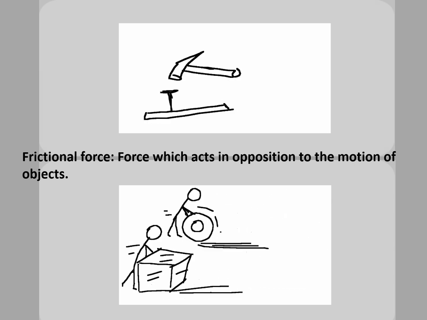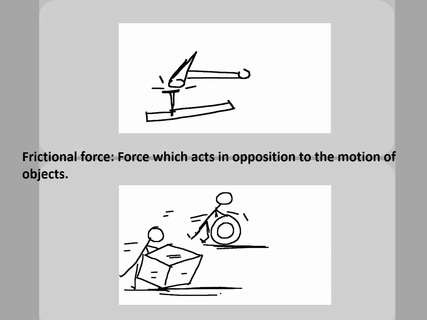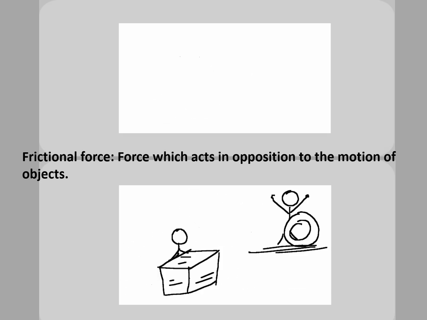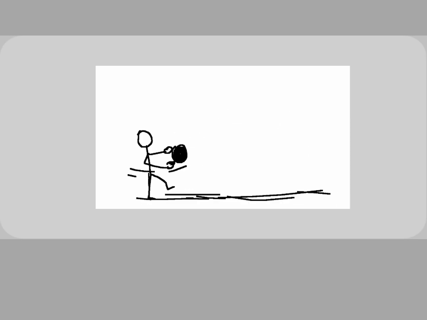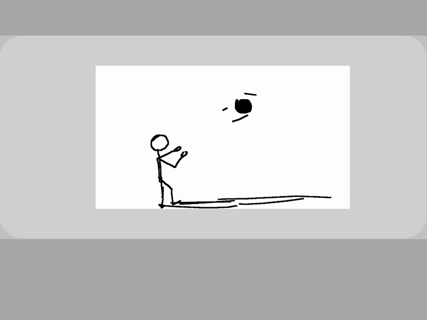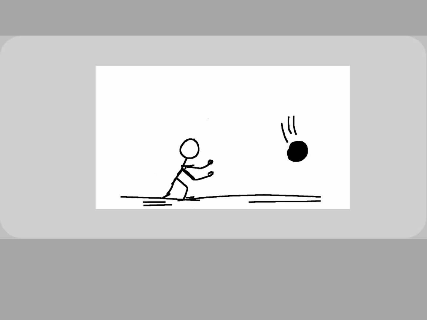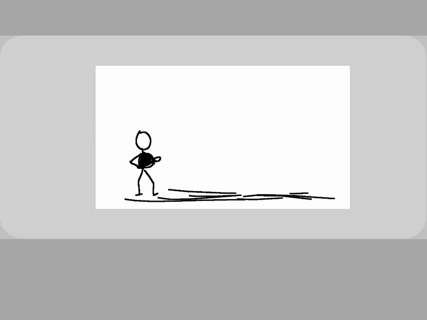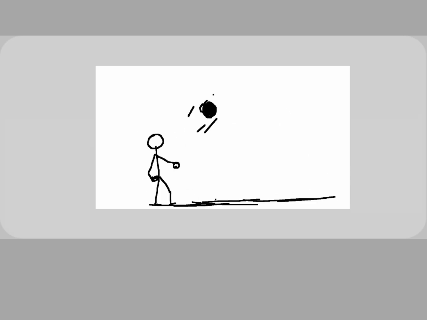Now let us quickly have a look at the non-contact forces. The first one is the gravitational force. There's a saying that what goes up must come down. We see the stick man throwing a ball in the air, and we are not amazed because the ball after some time drops on the ground.